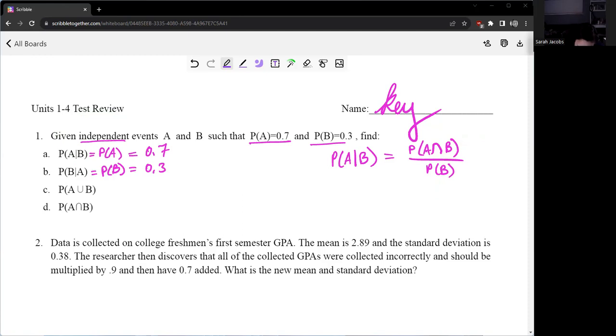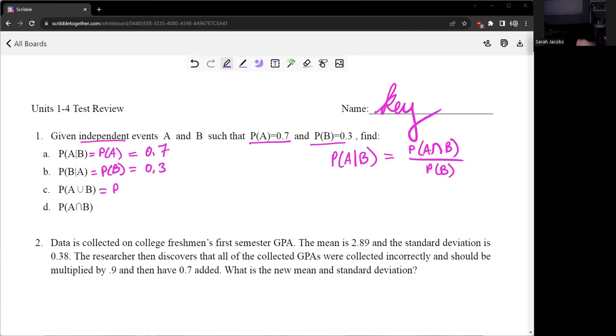Okay. So the probability of A or B, I'm using specific words. That's the union, so it's A or B. Either one will suffice.